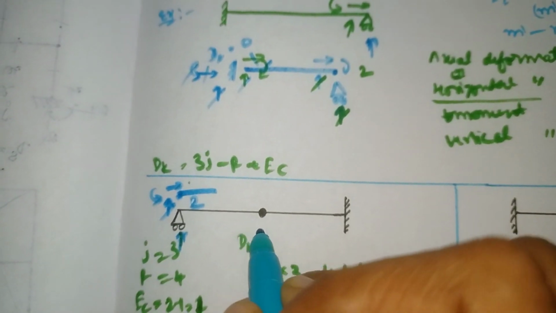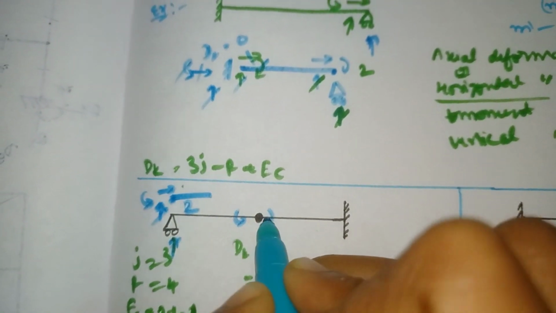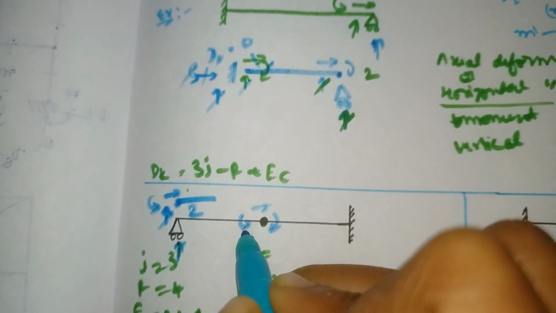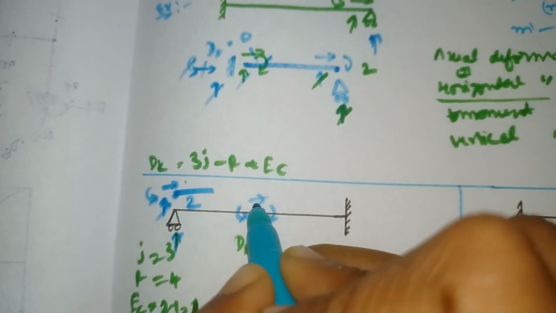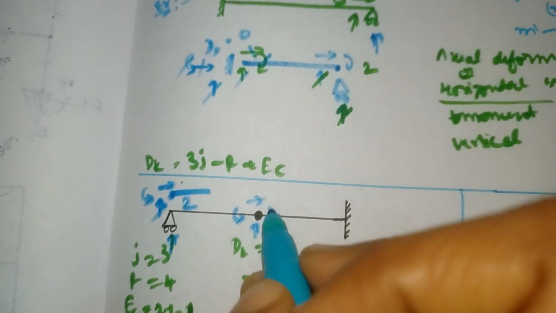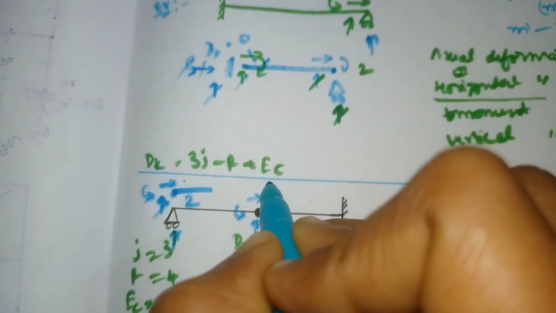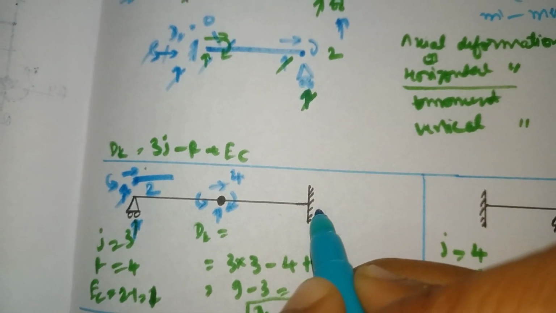At any internal hinge our dk is 4. One is rotation, which we take in both directions, clockwise and anti-clockwise, and one horizontal deformation and one vertical deformation. Total number of dk at internal hinge is 4, and at fixed support it is 0.